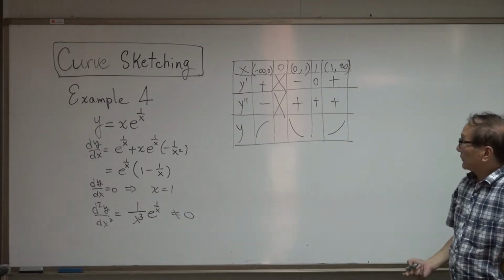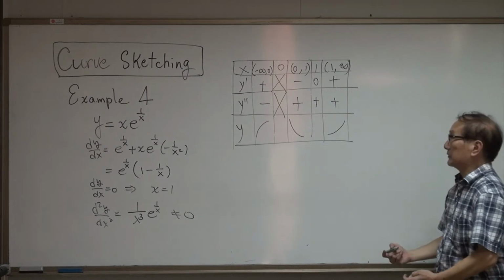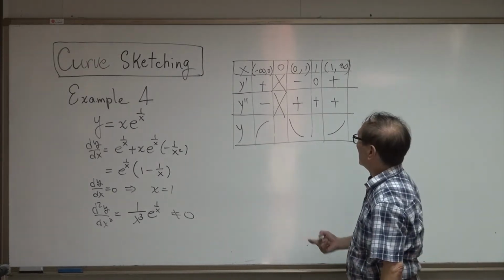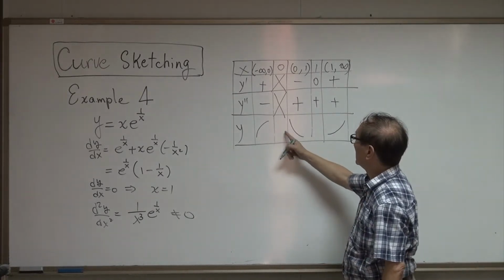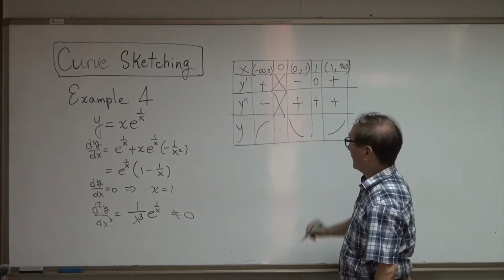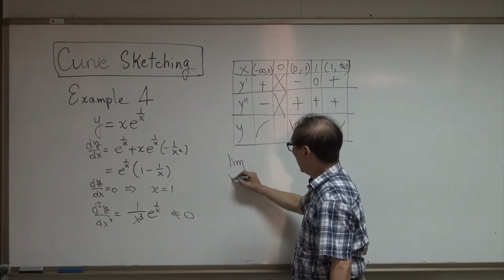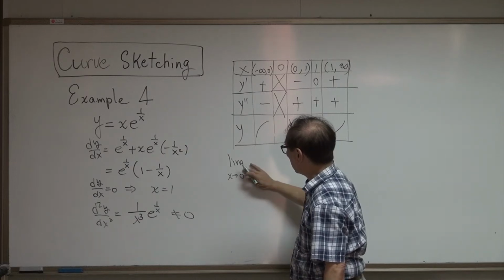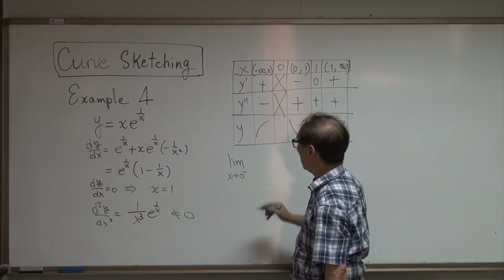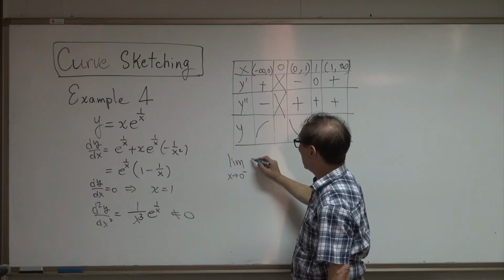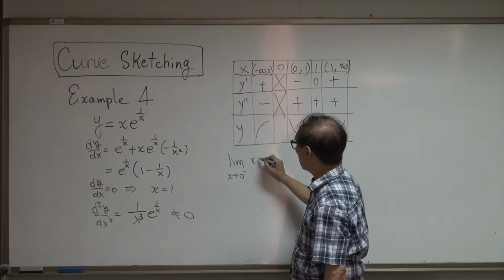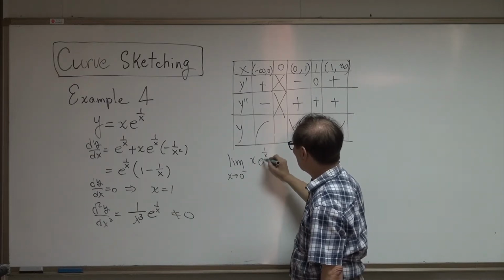When x approaches 0, what happens to the y value? Let's see. The limit as x approaches 0 from, say, the left-hand side, and y is x e^(1/x).